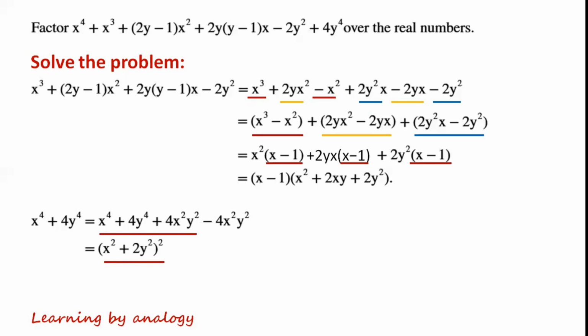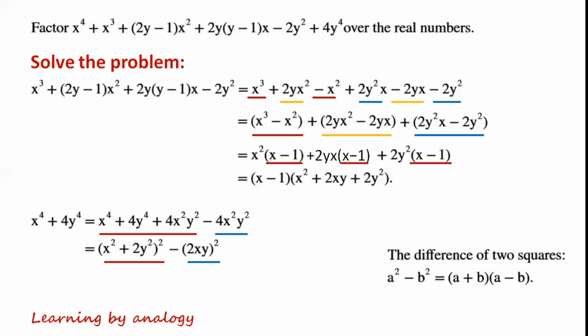The first three terms can be combined by completing the square. So we have (x squared plus 2y squared) all squared, and the term 4x squared y squared can also be simplified by writing (2xy) all squared.